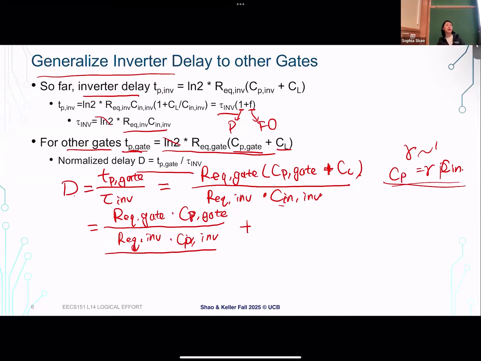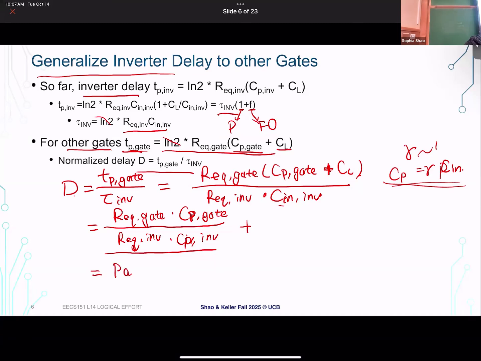The parasitic delay of my multi-input gate normalized to the parasitic delay of my unit-sized inverter. We'll call this our parasitic delay. We'll talk a little more about how we calculate this, but this is the parasitic part of my delay, very similar to the inverter, but for the inverter it is simply one because everything is normalized to the inverter, and now I have a more complex gate, right? So this is the first term.